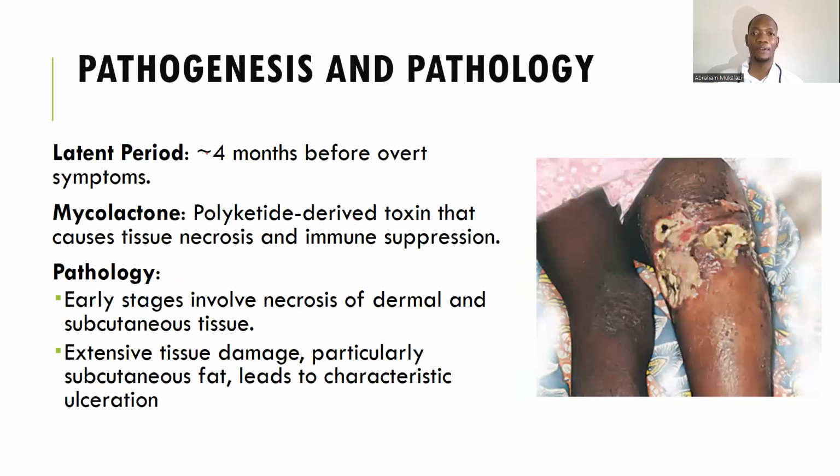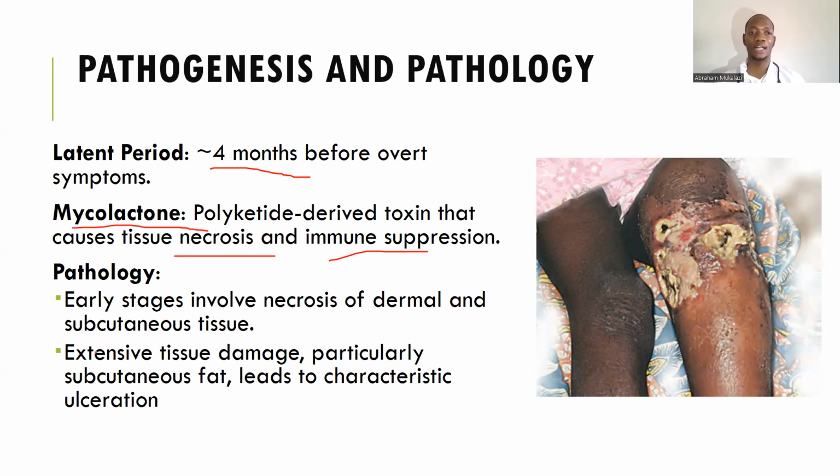In pathogenesis, the latent period has been estimated at around 4 months before overt symptoms. The bacteria produce a special toxin, mycolactone, thought to cause tissue necrosis and local immune suppression, allowing the bacteria to flourish.